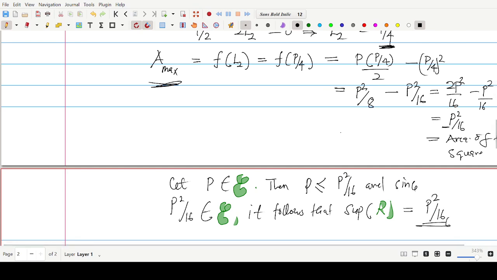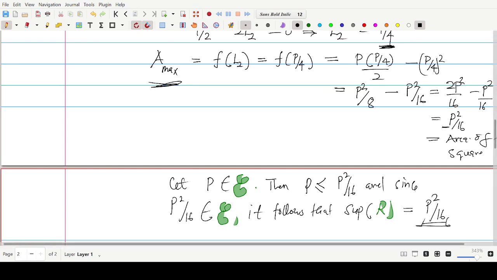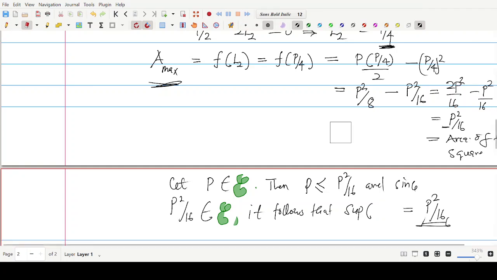And this is the answer. Very, very easy. This is the supremum and at the same time the maximum element of the set, sorry, not arrow, the set entity.